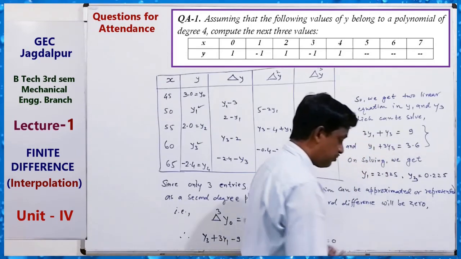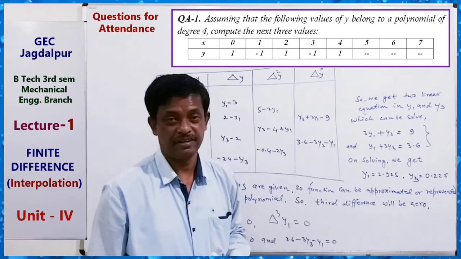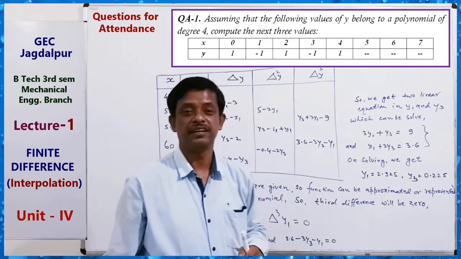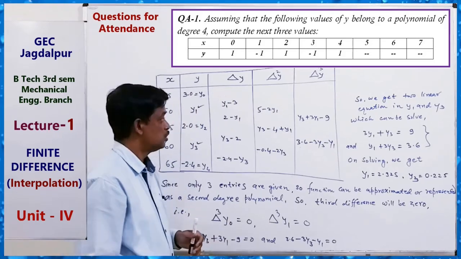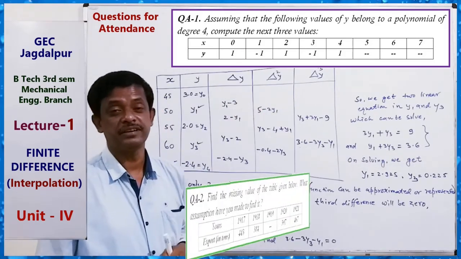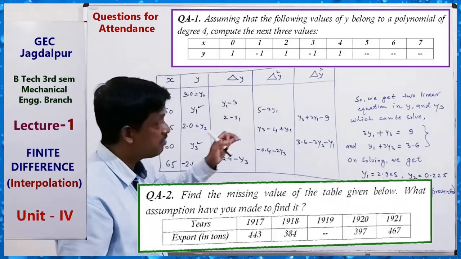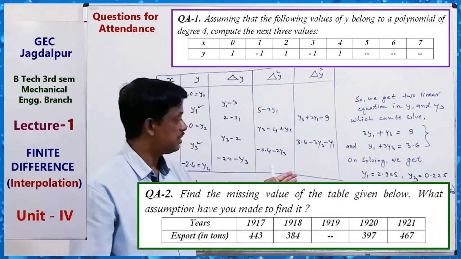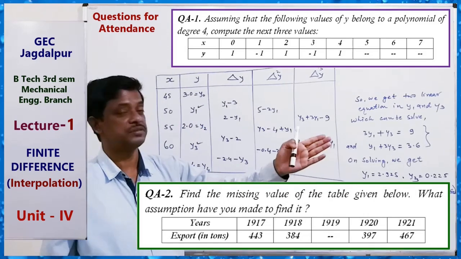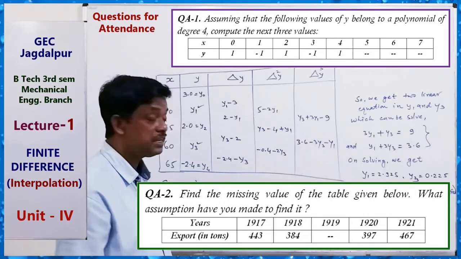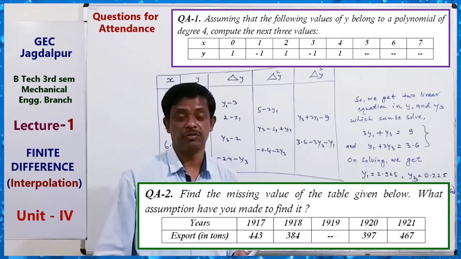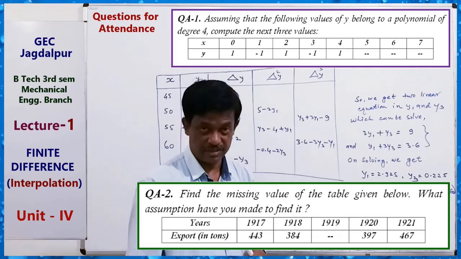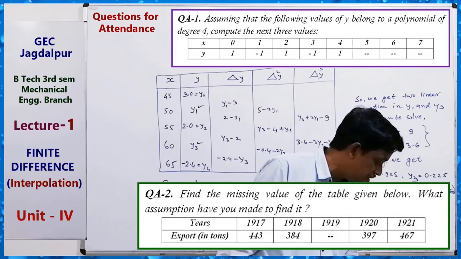Here, just 5 entries are given, and the remaining 3 entries are missing. Since only 5 entries are given, the function can be approximated or represented as a 4th degree polynomial. That is, 5th differences will be 0.